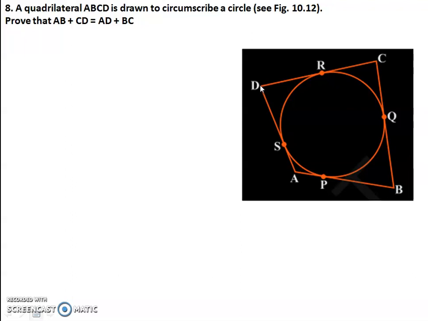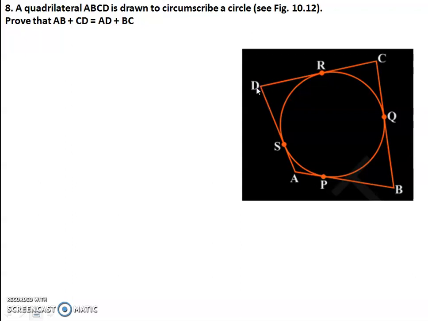The lengths of the tangents from an external point to the circle are equal, isn't it? That was your theorem 10.2. You are going to use the same concept here to prove this.